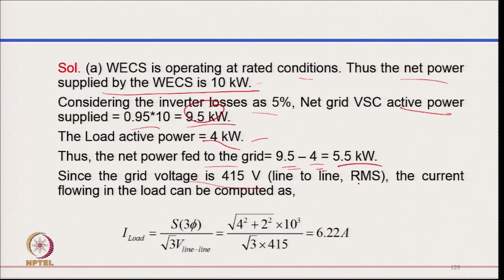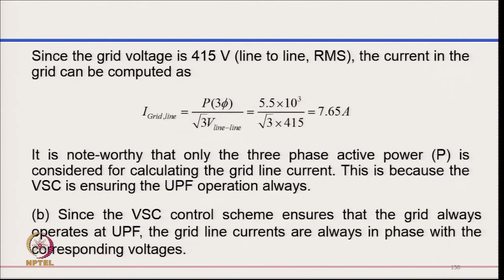Since the grid voltage is 415 volts line RMS, the current can be calculated typically as S divided by root 3 times line voltage. So, you have 4 kilowatt typically for the load and 2 kVAR. So, we can find the load current to be 6.22 ampere, and then we can compute the grid side current.